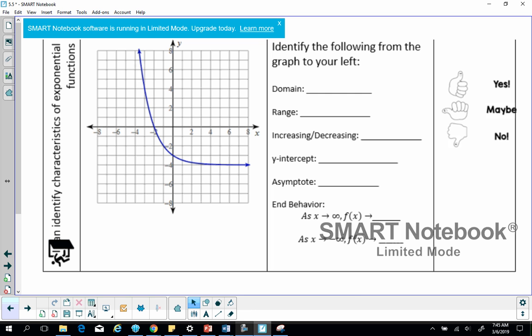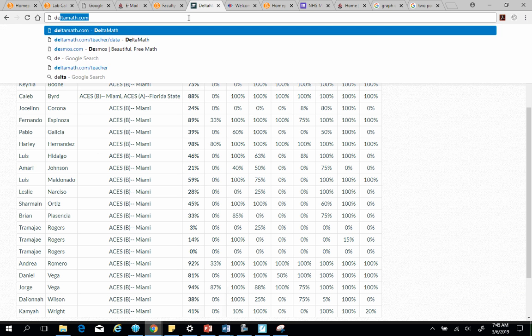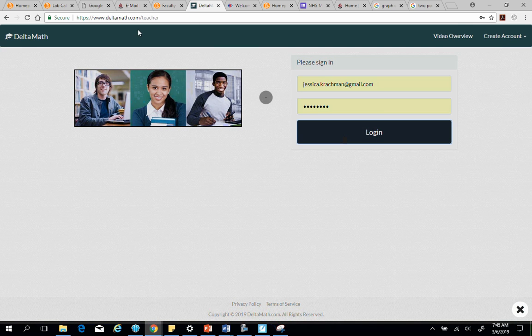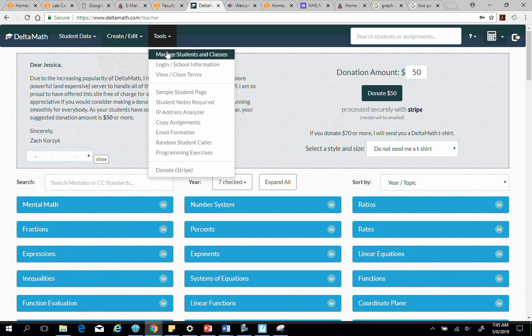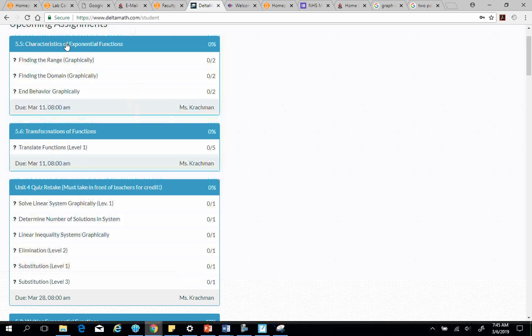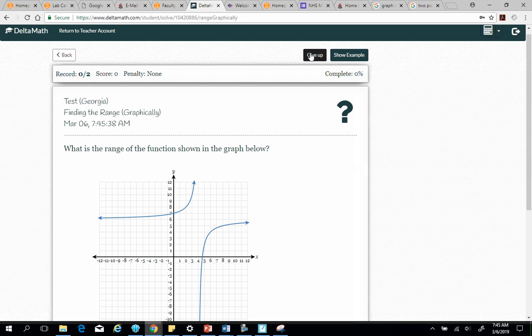If you are behind on Delta Math, I would suggest you get onto it. The Delta Math for this also looks like this. I want to show you because it's a little bit different. If you go to 5.5, this says finding the range. I want you to keep clicking give up.